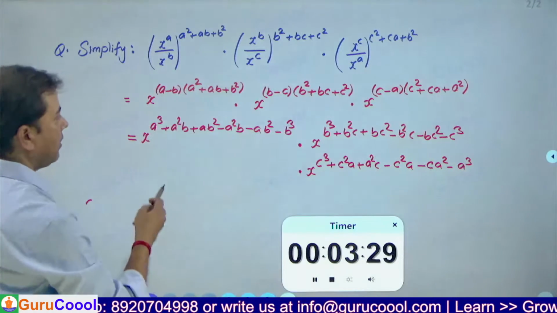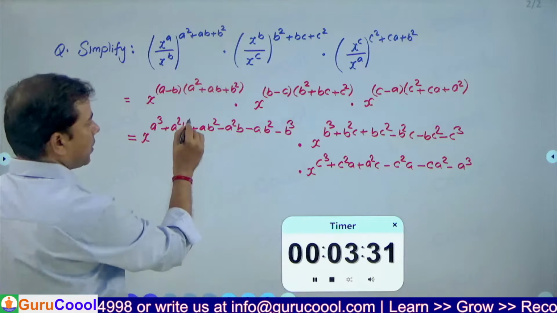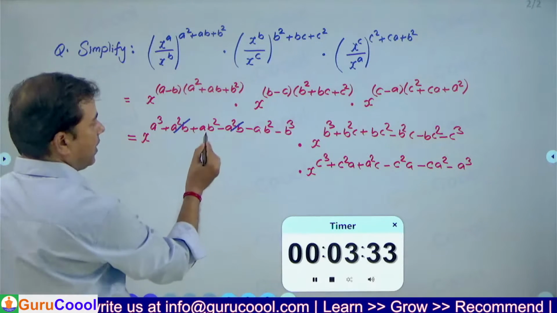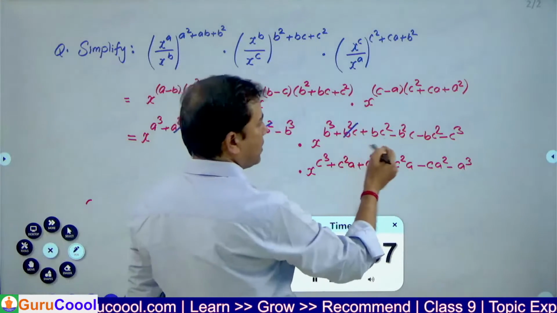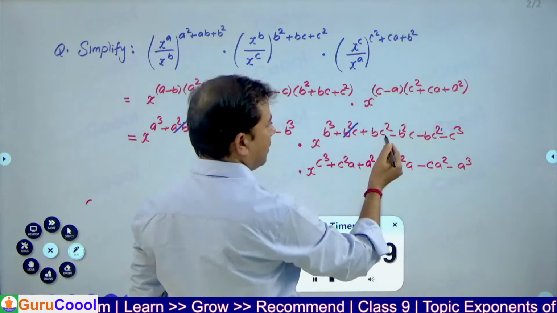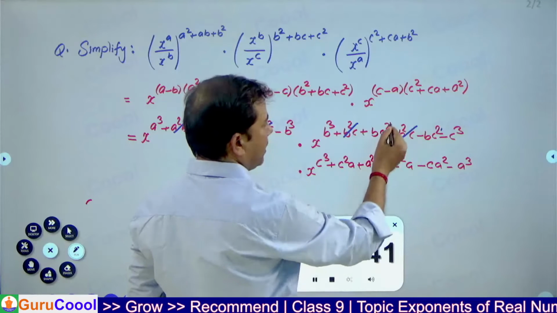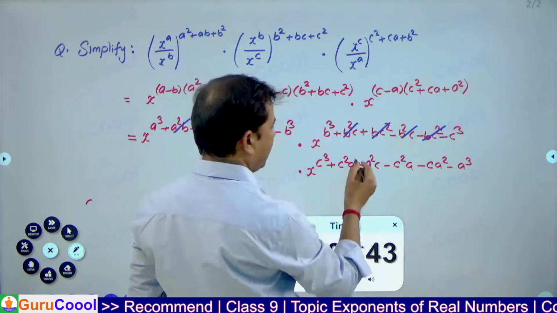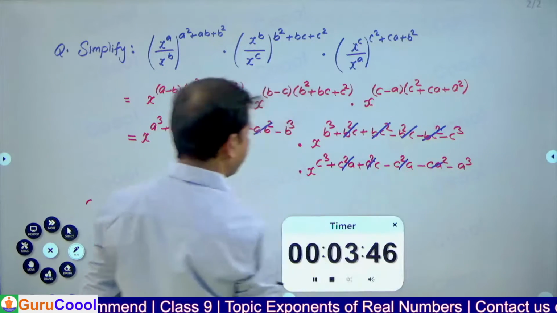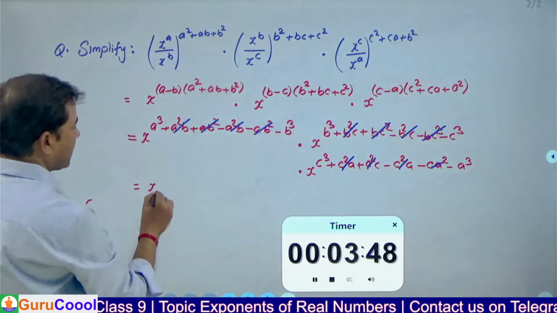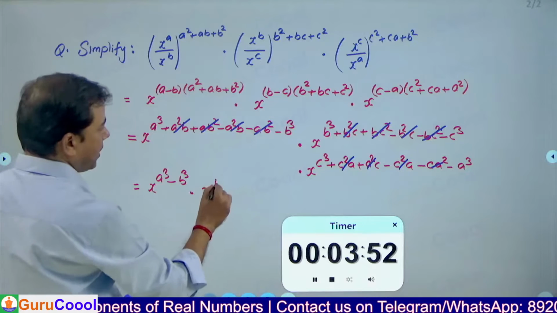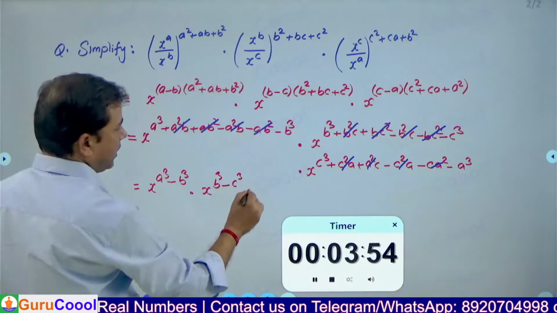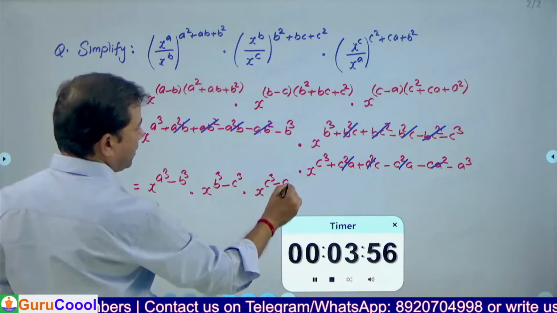Now in each of them what we see, a square b positive, a square b negative, ab square positive, ab square negative, b square c positive, b square c negative, bc square positive, bc square negative. Similarly all these terms got cancelled. Now what we have, x raised to the power a cube minus b cube into x raised to the power b cube minus c cube into x raised to the power c cube minus a cube.